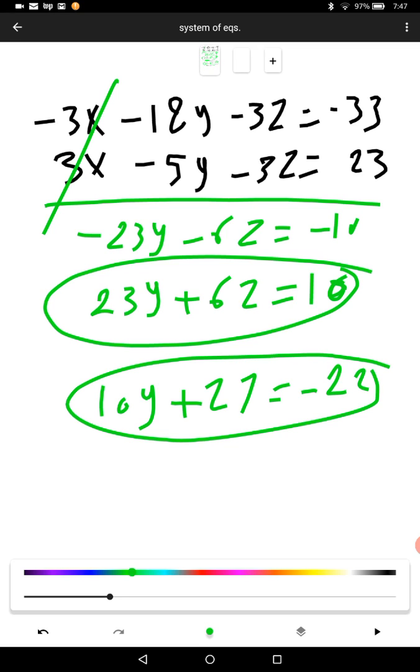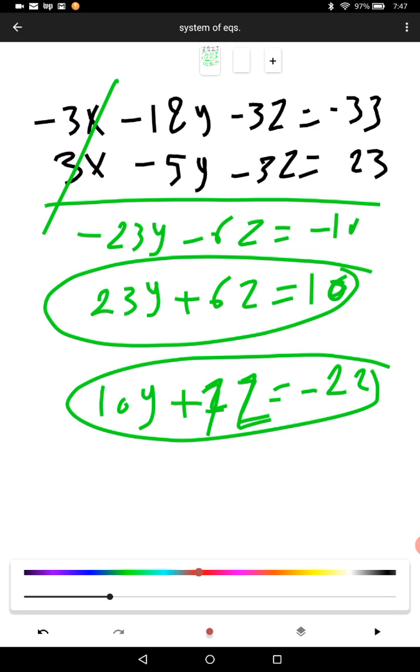Now we have two equations and two variables. How do we solve these two equations? This is 7z, I'm sorry. We have to cancel x, y, or z.